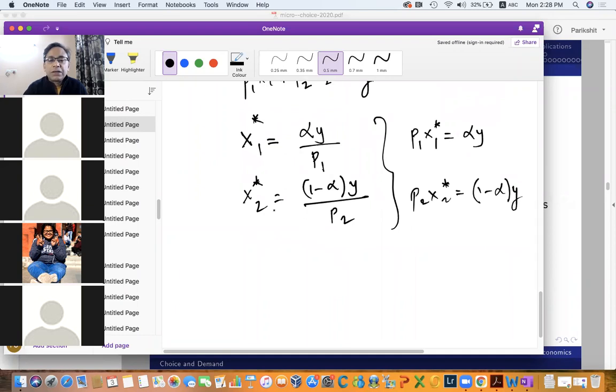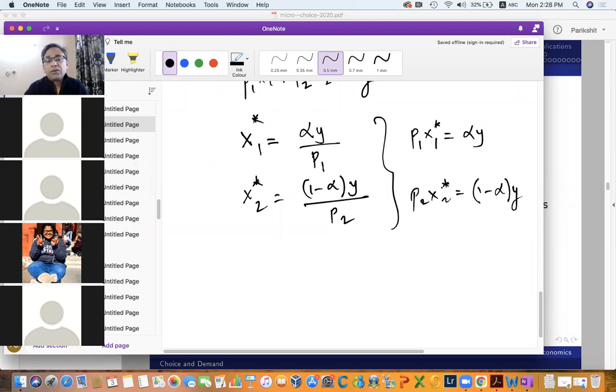So if the price of good one increases by 10%, you can see right away over here that the consumption of good one will fall by 10% because the product has to remain some constant number. Okay. If income hasn't changed, the right-hand side is a constant. So if the price goes up by 10%, consumption will fall by 10%. So price elasticity is 1.